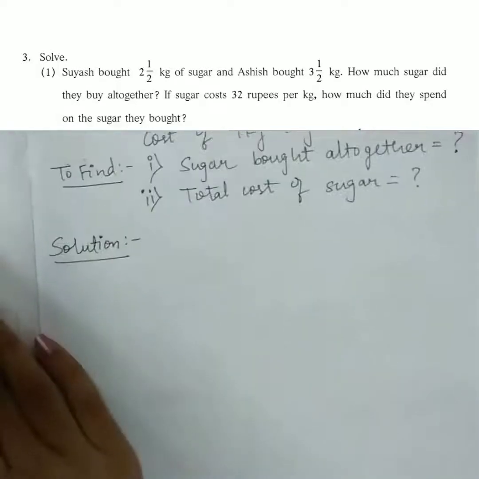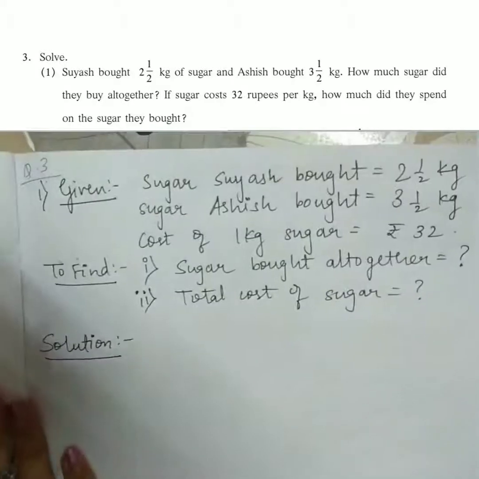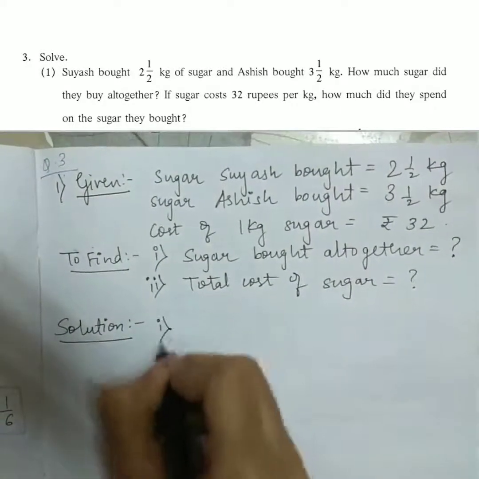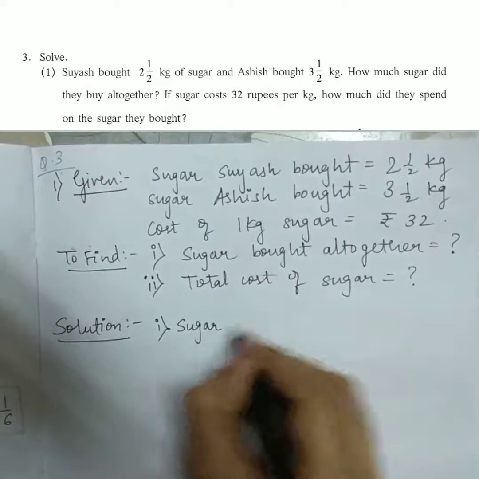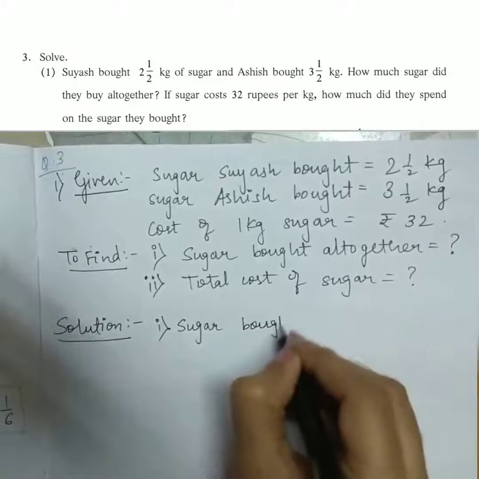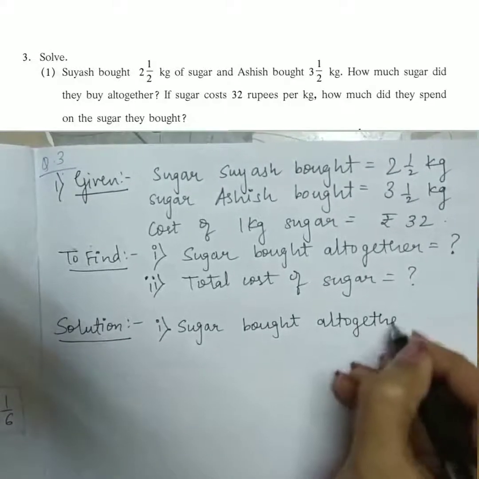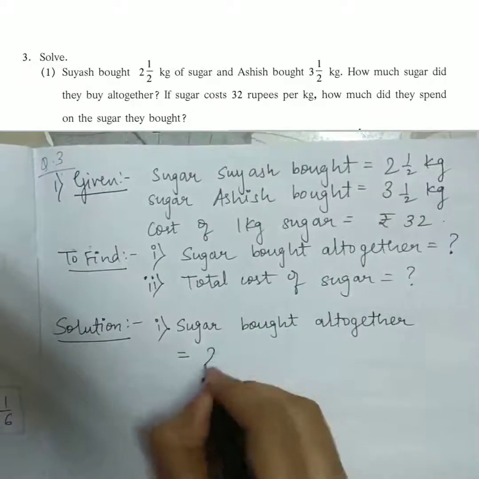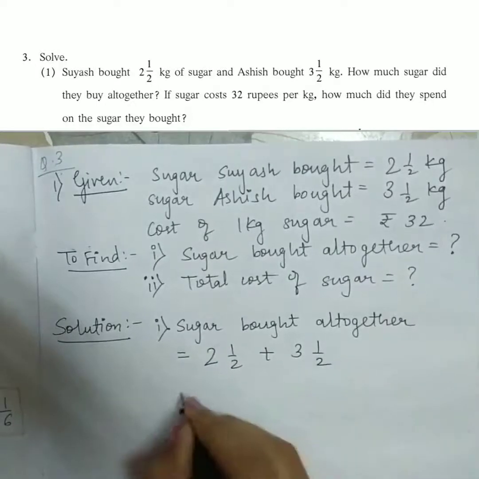In solution, first we will find sugar bought altogether. So we will write that sugar bought altogether equals, what we will do? We will add 2.5 plus 3.5.